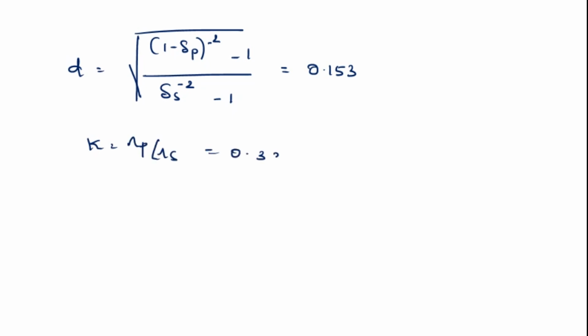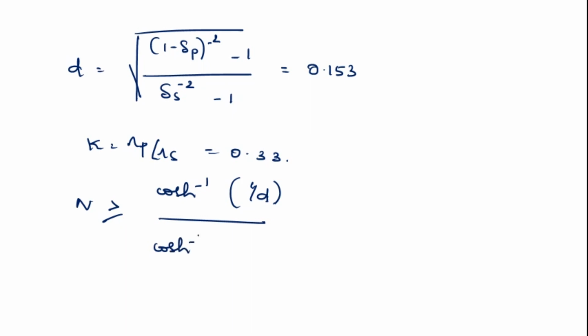Now we have to find the order of the filter: N is greater than or equal to cosh inverse of 1 by D divided by cosh inverse of 1 by K, where N is greater than or equal to 1.446. So we have to take the next integer value, N as 2.